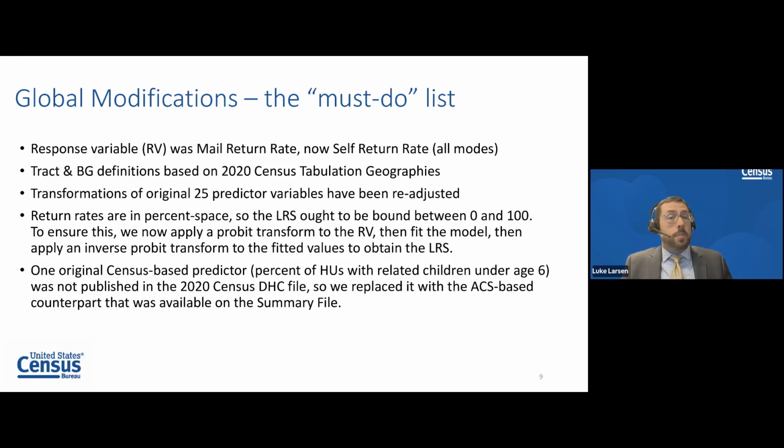We're changing the response variable in the linear regression from the mail return rate to the self-return rate, which is based on all modes. We are changing the tracts and the block group definitions to be based on 2020 census tabulation geographies. Prior to, they were 2010 tabulation geographies.